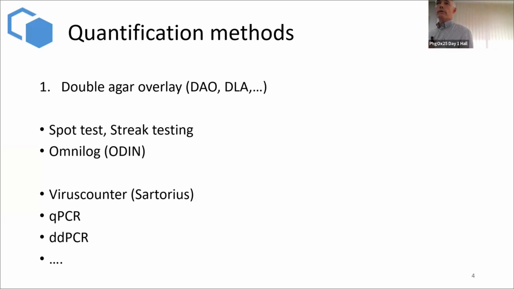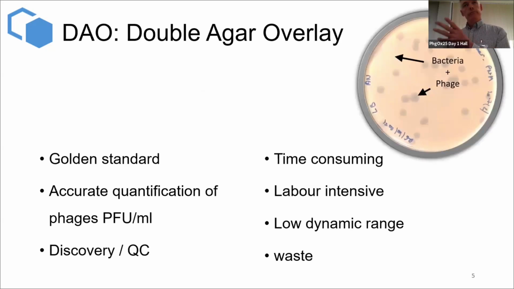And actually, there is only one method which accurately measures those phages, and that's the double agar overlay method. All the other methods are a derivation of that and are less accurate. You can also go to virus counting and qPCR. And actually, our question was, how can we make this method more simple?